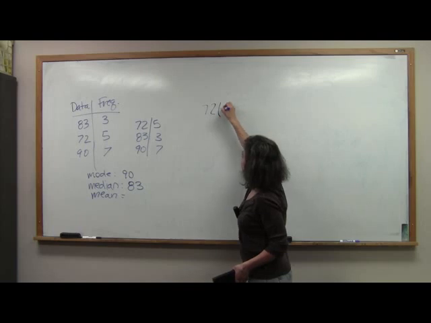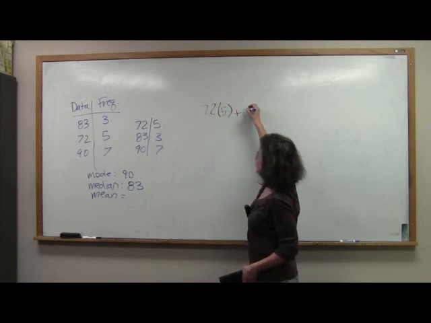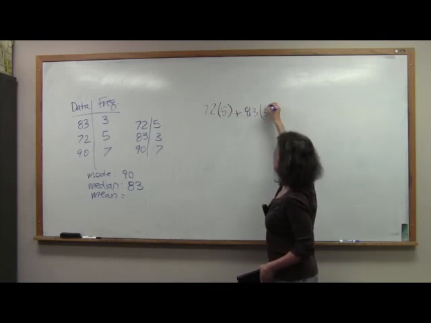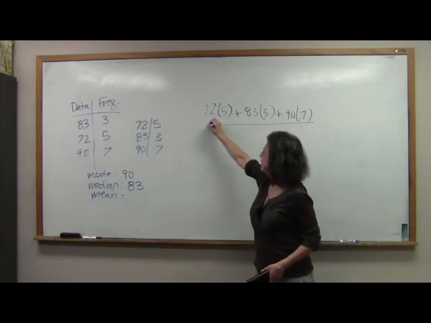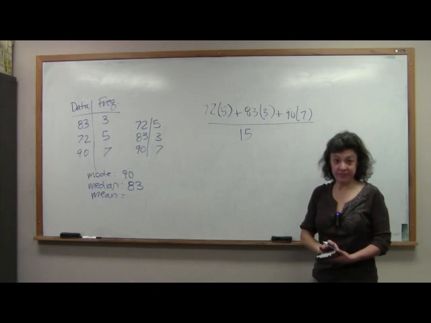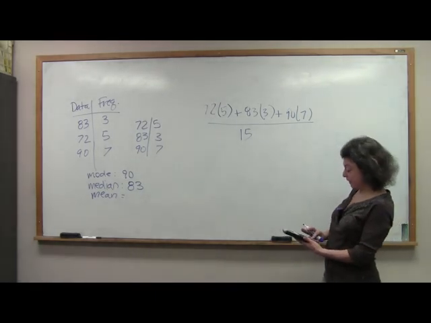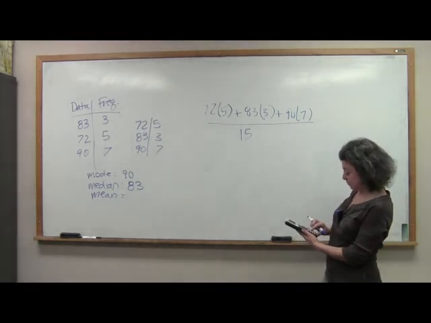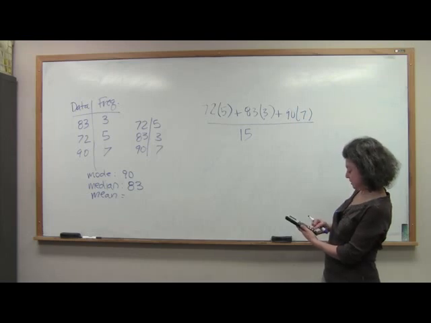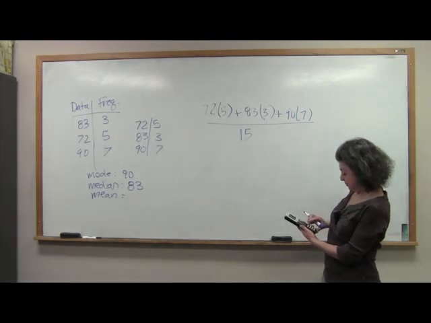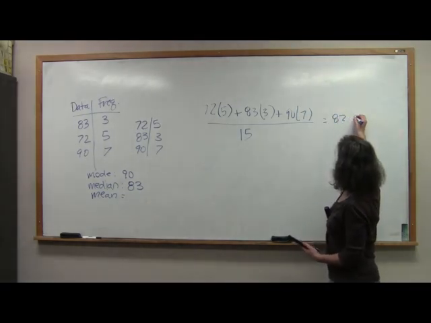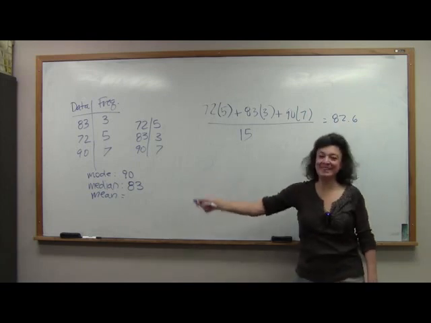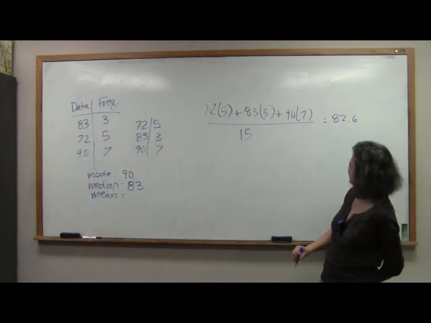So you would take 72 times 5 plus 83 times 3 plus 90 times 7 and then divide by 15. And not that we really care what this answer is, but let's find it anyway. We're going to get 82.6. Oh, cool. It's pretty darn close to our median.